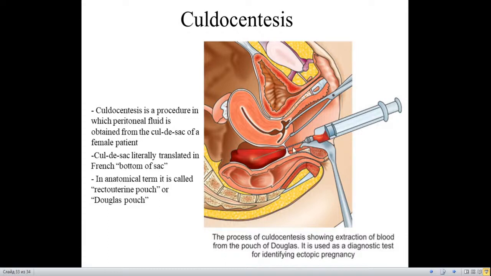So, actually, how is culdocentesis performed? A needle is inserted through the posterior vaginal fornix into the Douglas pouch, then the nurse or doctor aspirates the contents of the Douglas pouch, and we see it in the syringe, and we can analyze it.